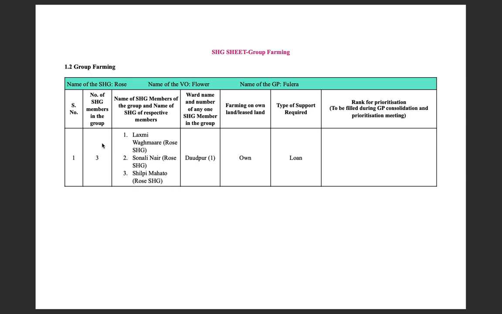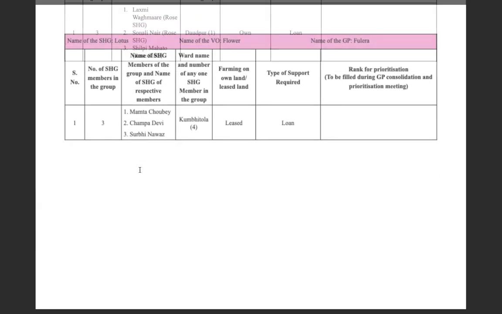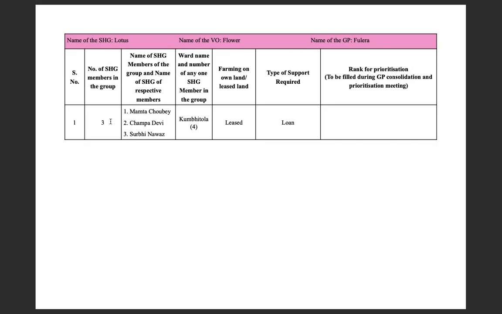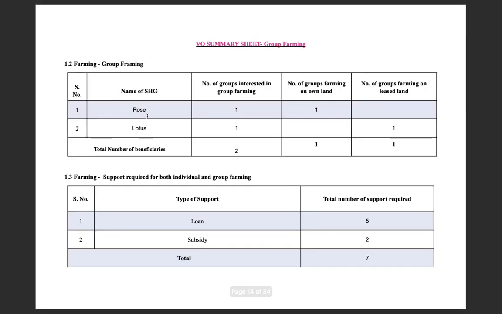So we have written 3 as the number of people who want to be in the group, and their names have been listed here. Similarly, from Lotus SHG, again 3 people are interested in taking up group farming. So when we go on and see the VO summary sheet, there are 4 columns that have to be filled: the name of the SHG, the number of groups that are interested in group farming, number of groups farming on own land, and number of groups farming on leased land.